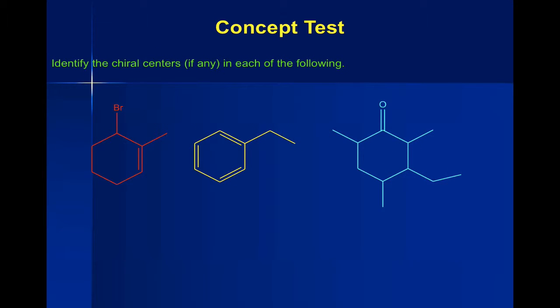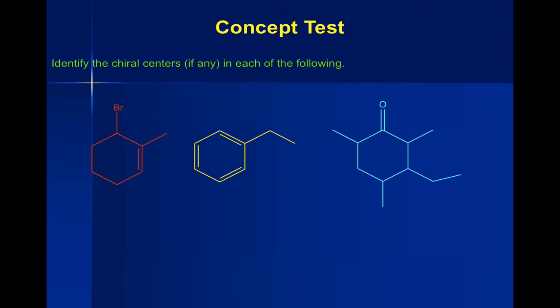I want you to identify the chiral centers, if there are any, in each of the following molecules. How about the red one? Do we have a chiral center? Where's it at? The first carbon. Okay. So yeah, this alkyl halide, if you will, is chiral, right? We've got a bromine attached to it.